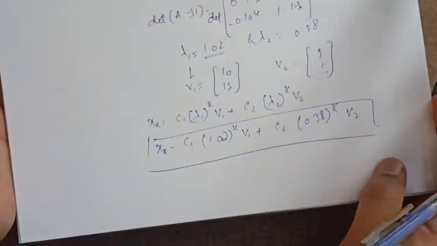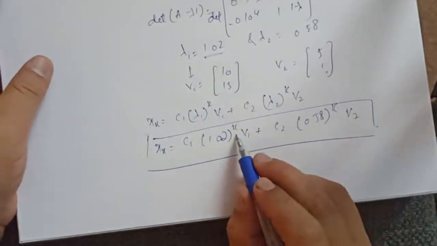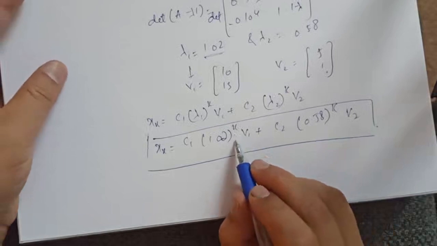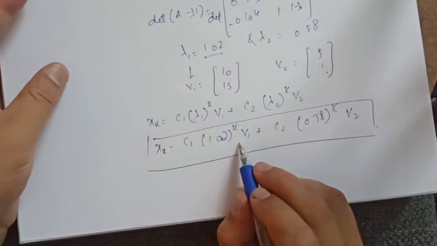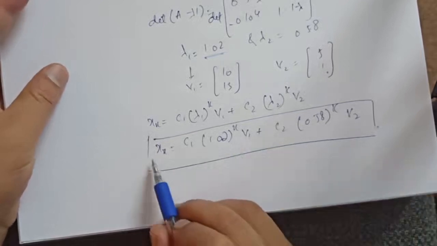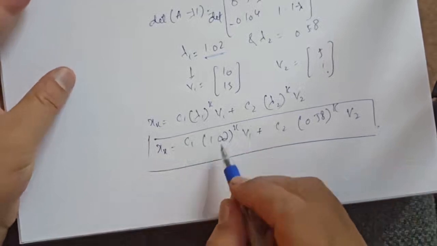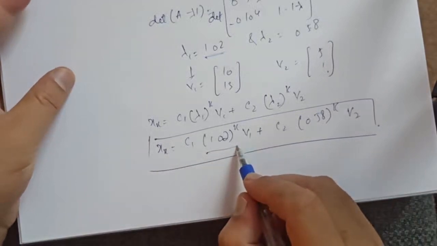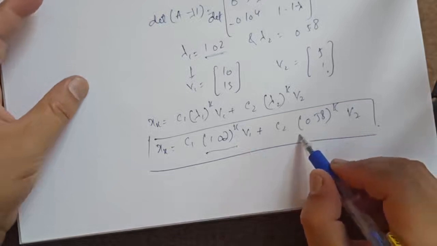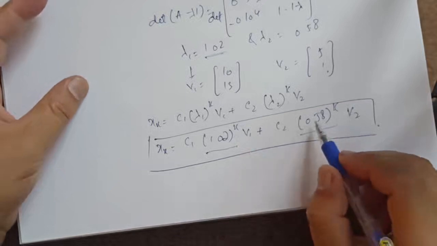Now what you can see here is, as k approaches infinity, we are interested in the steady state behavior of the system, meaning the population of the owls and the rats. If k approaches infinity, this term will keep on increasing, and this term will keep on decreasing because it's less than 1.